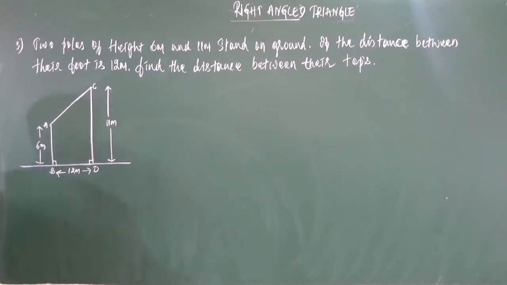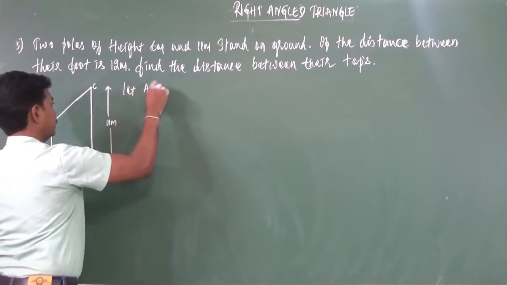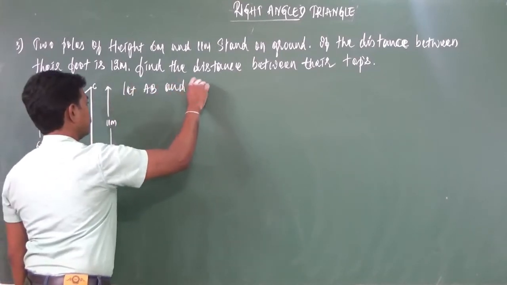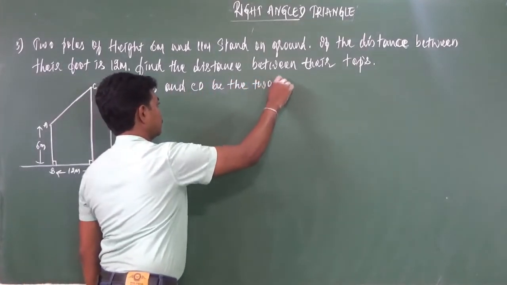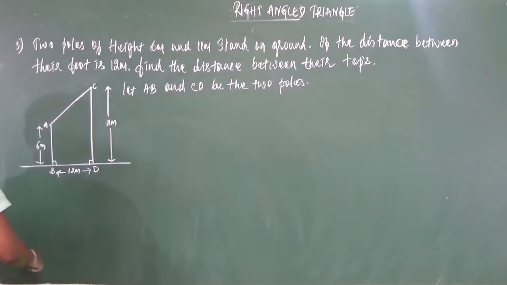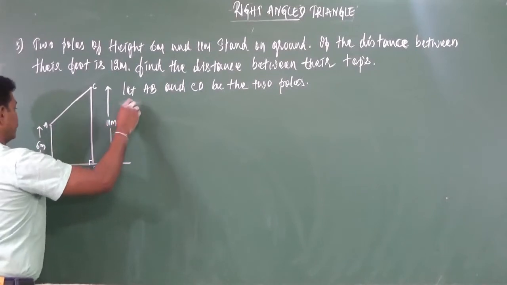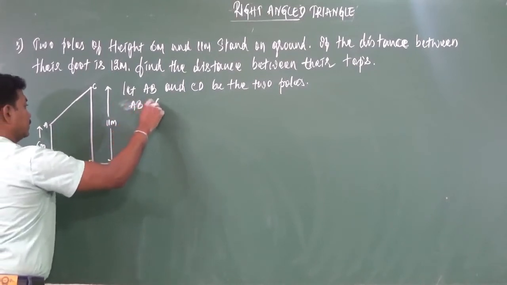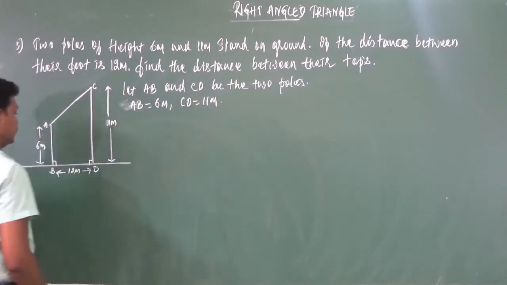Okay, so let AB and CD be the two poles. Let AB be equal to 6 meters and CD be equal to 11 meters.